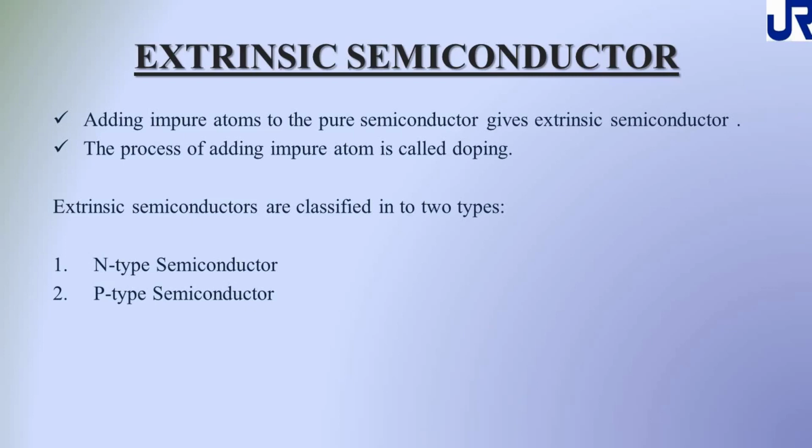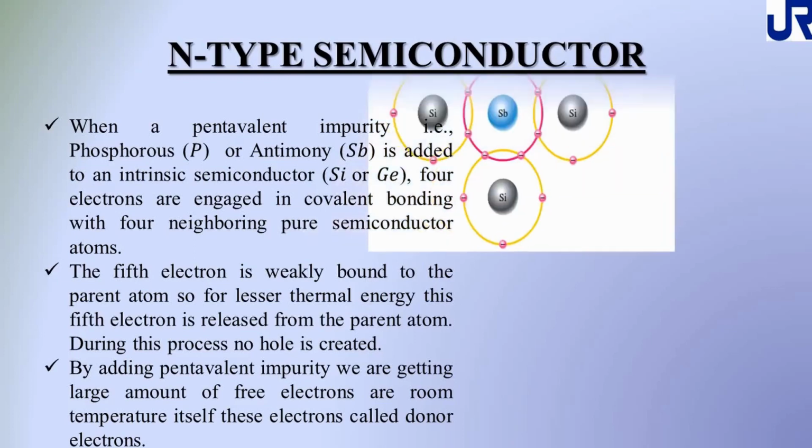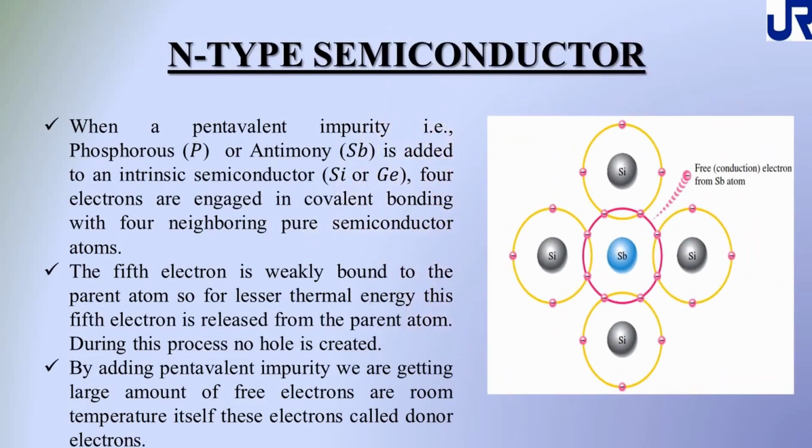When we add some impurity atoms, such as boron, pentavalent or trivalent atoms, we get an extrinsic semiconductor. The two types of extrinsic semiconductors are N-type semiconductor and P-type semiconductor. Let's see what N-type and P-type are.